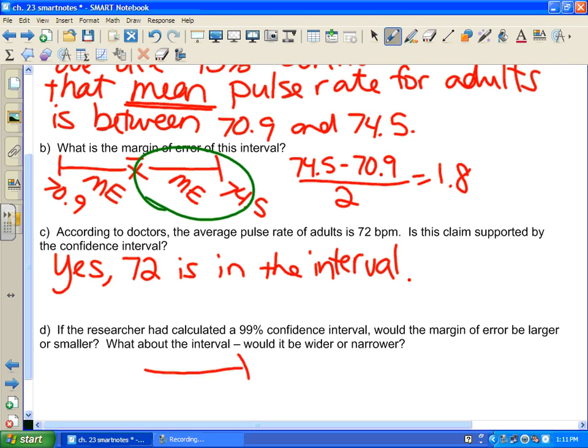That means our interval is going to be larger, and the margin of error would be larger too. So now we're 99% confident that the right answer is somewhere in there, but there's just a lot of room. It's not as accurate.